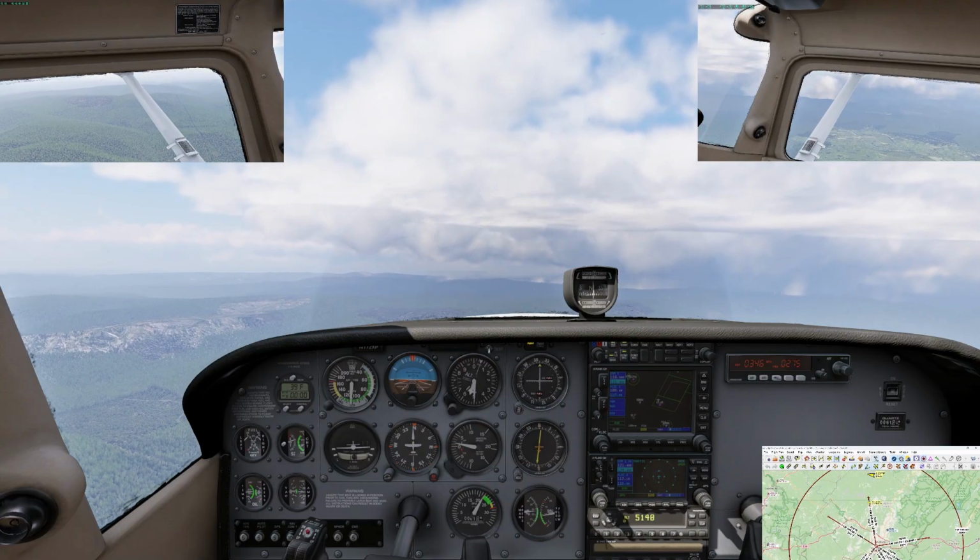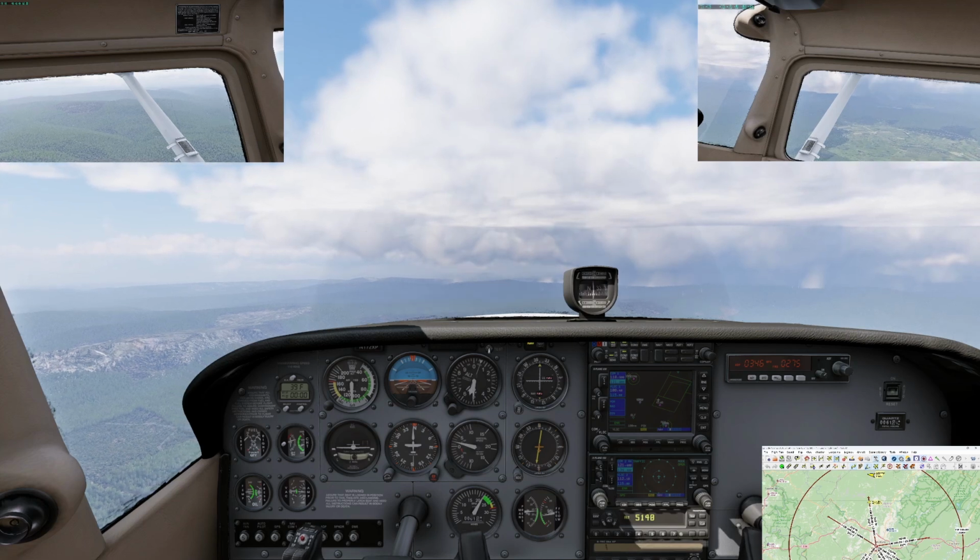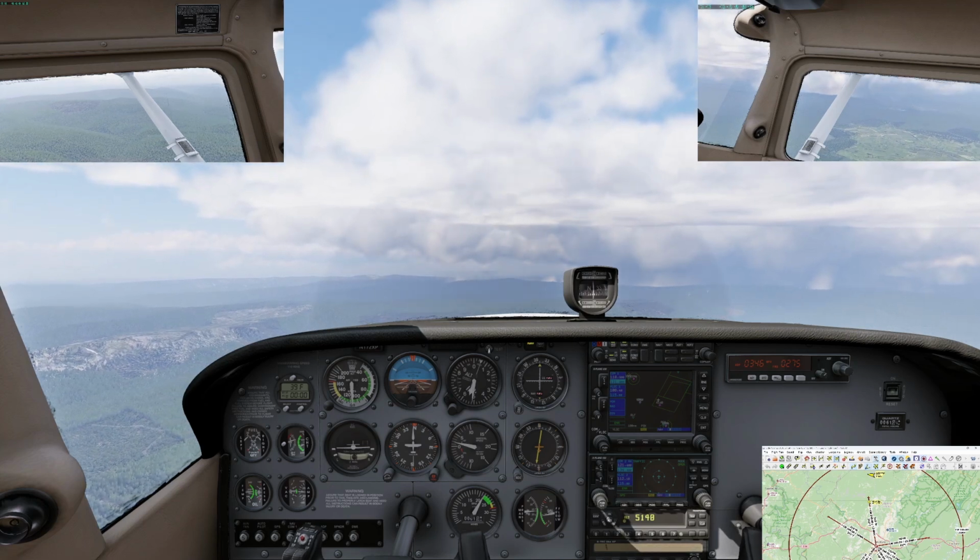Okay, so they'll give us 72 X-ray pop-up. Left turn now, fly heading 300.